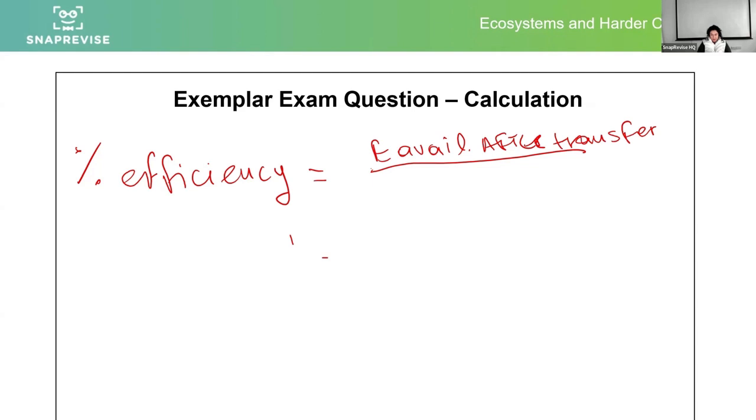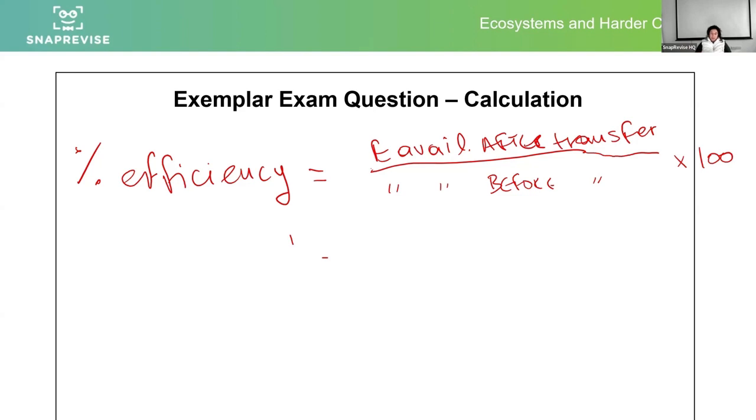What is transfer? One organism eating the other, basically, right? Over energy available before transfer, times 100, because it's a percentage.